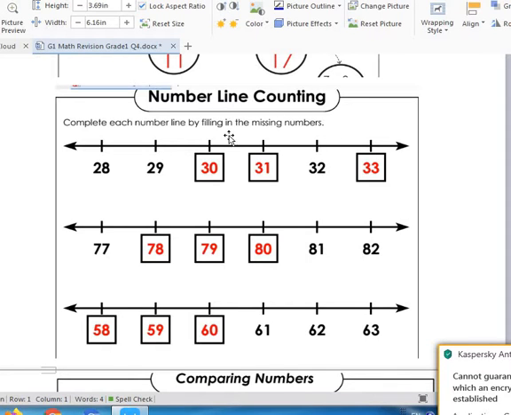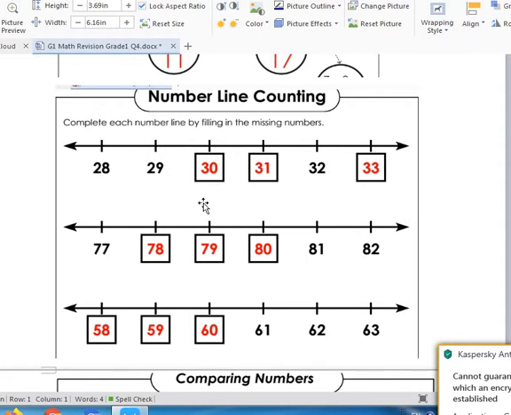Number line counting. Complete each number line by filling in the missing numbers. Do you remember this? What number comes before and what number comes after? We have taken this before. 28, 29. What number comes after 29? After 29 I have 30.